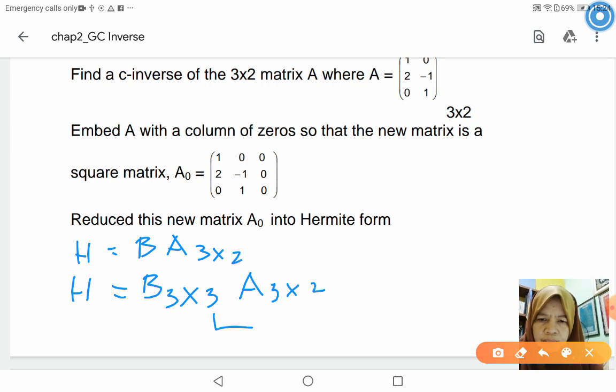So if you see here, we have 3 times 3 times 3 times 2, so we get 3 times 2.